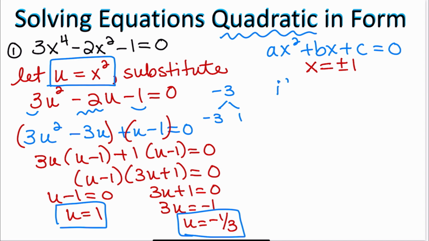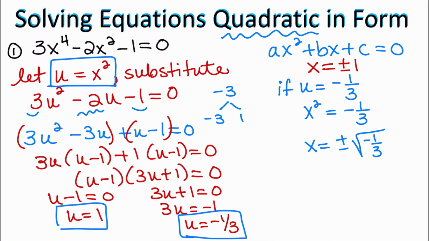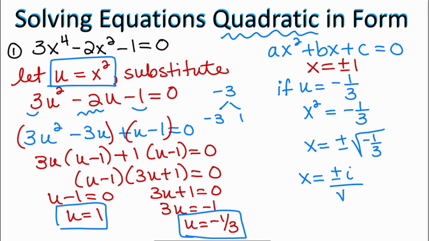So if u is equal to negative 1/3, I'm going to substitute x squared for u. I'm going to take plus or minus the square root of both sides. The square root of negative 1/3 is going to take a little bit of work to simplify, because the square root of negative 1 we know is i. So x is equal to plus or minus i all over the square root of 3.